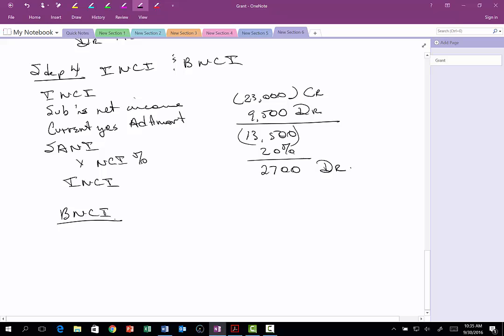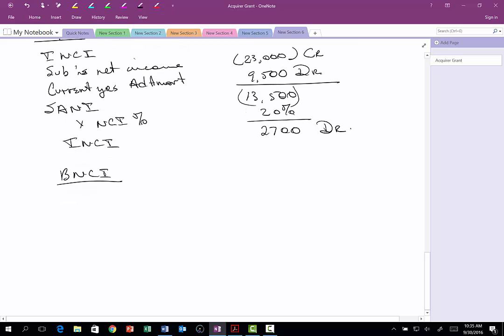So this is the 20% of the balance sheet that we're allocating to those non-controlling shareholders. Remember, I showed you the Canadian Tire statements, which show the NCI on the income statement, the portion of income allocated to the non-controlling shareholders, and the NCI on the balance sheet, the portion of the balance sheet allocated to the non-controlling shareholders.